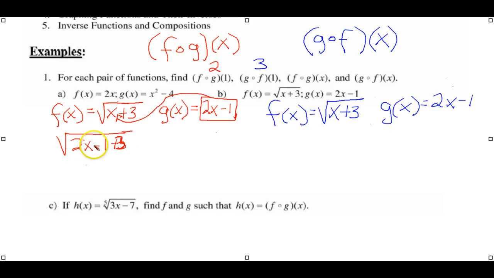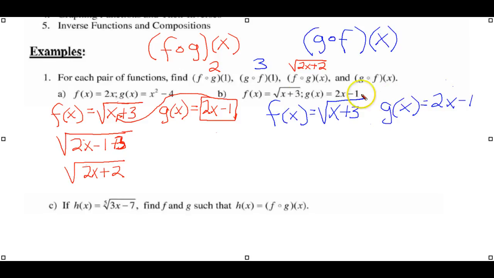And when we simplify this, we get the square root of 2x plus 2. So we'll put that right here. The square root of 2x plus 2.